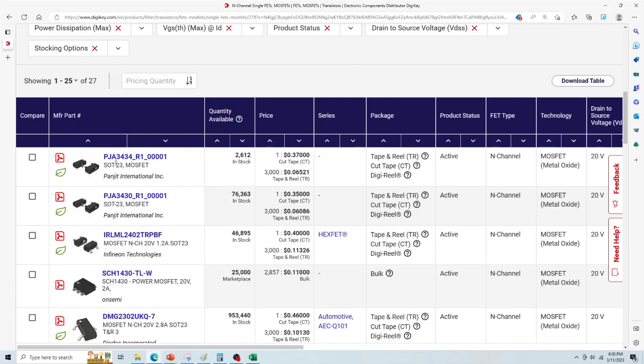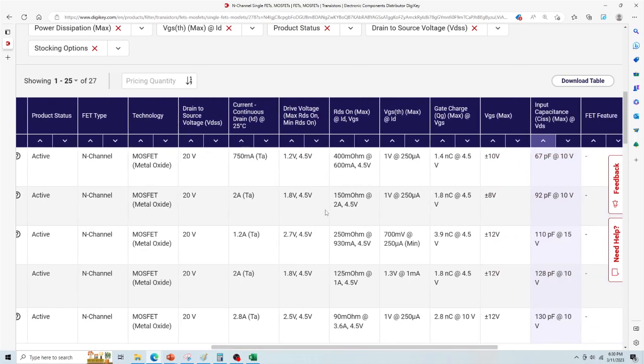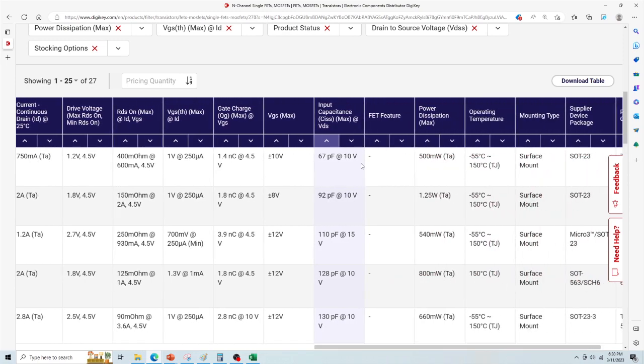Okay, so the PJA3434 is our transistor for prototyping purposes because it's big. It's a SOT-23. It can handle 750 milliamps, which is a lot more than we need. It's got a low turn-on voltage. It's got a reasonably small input capacitance.